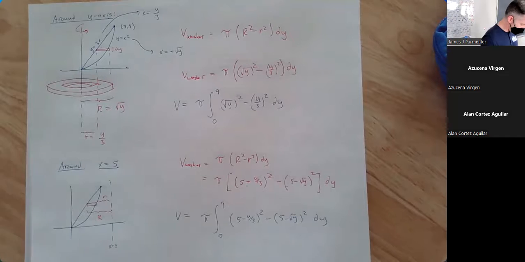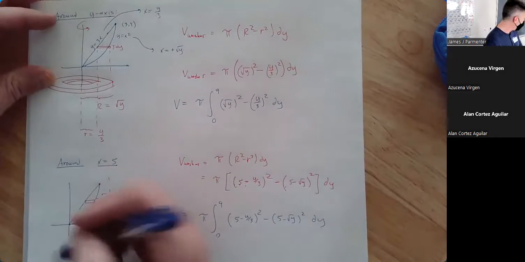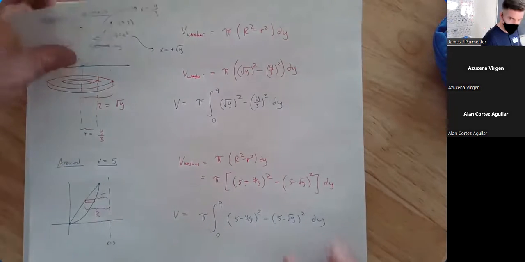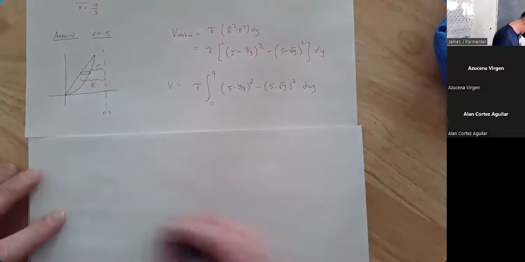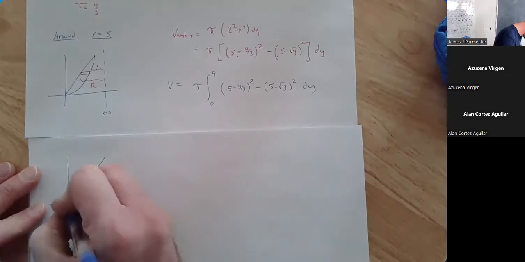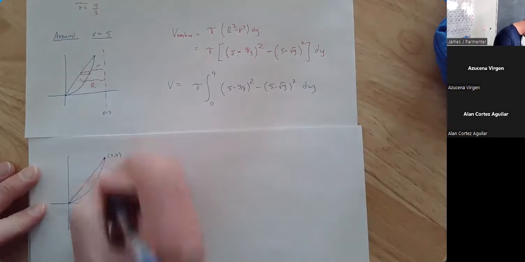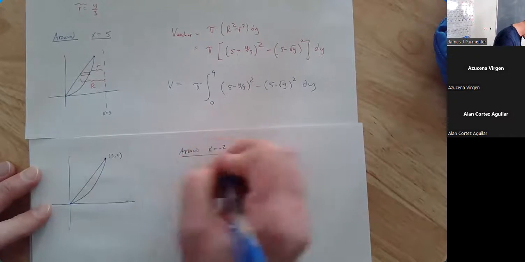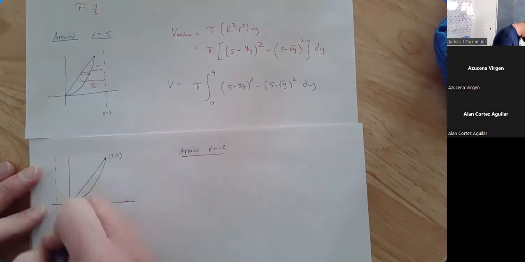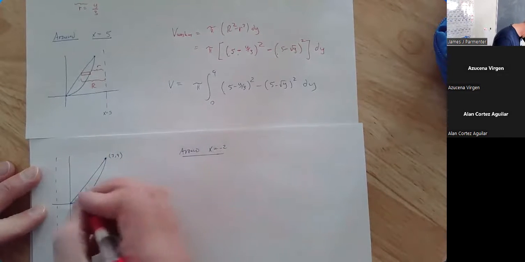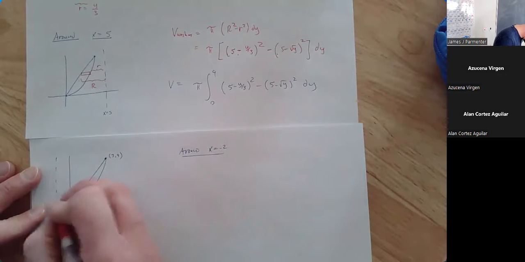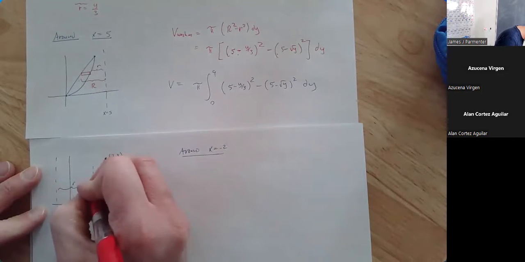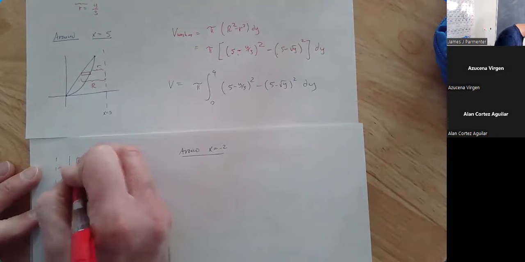And then lastly, if we went around something like x equal to -2, same idea, except now the outer one's going to be this one and the inner one's going to be this one. So might as well write it, to be complete. If we go around x equal to -2, now here is my horizontal strip, here is my inner radius, and there's my outer radius.